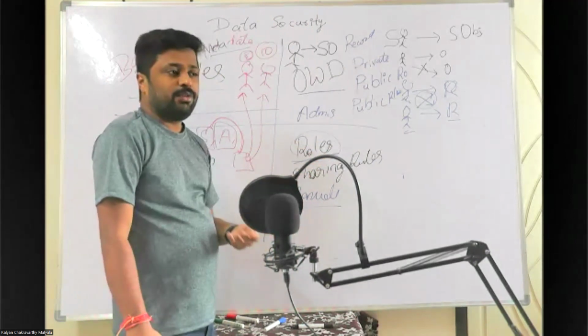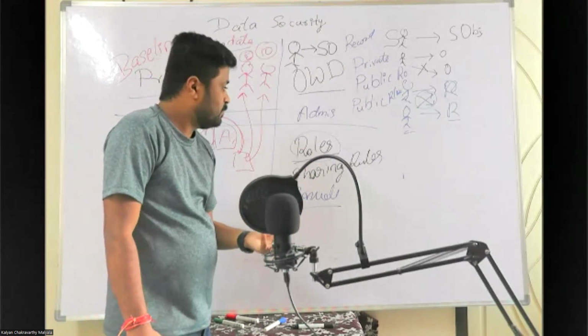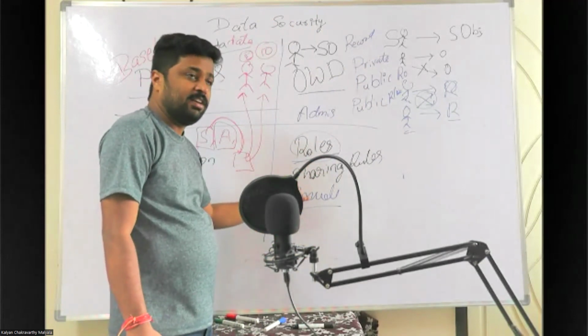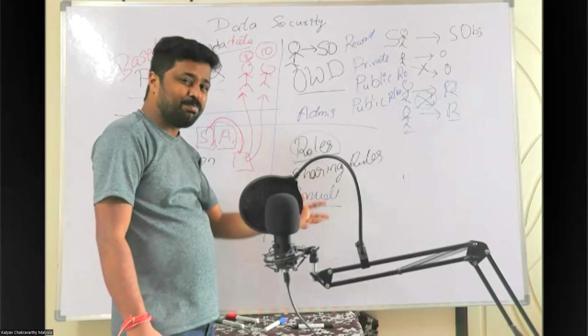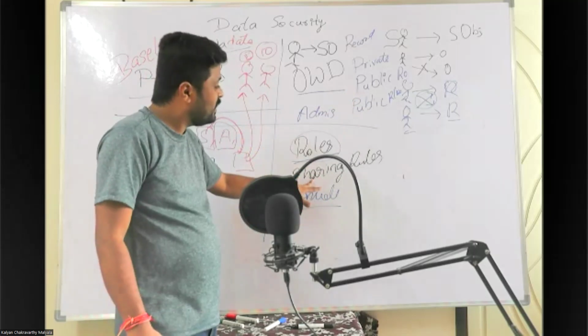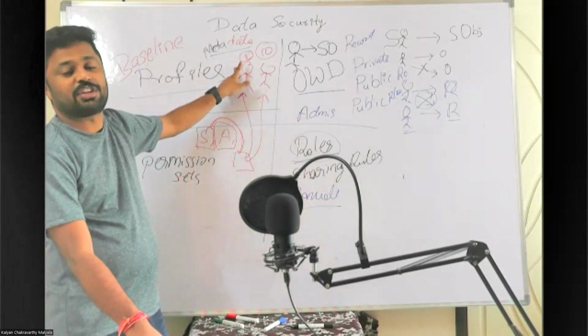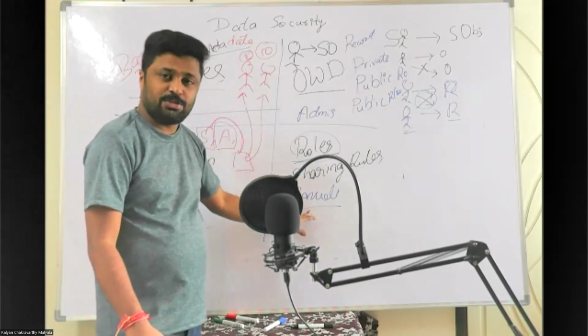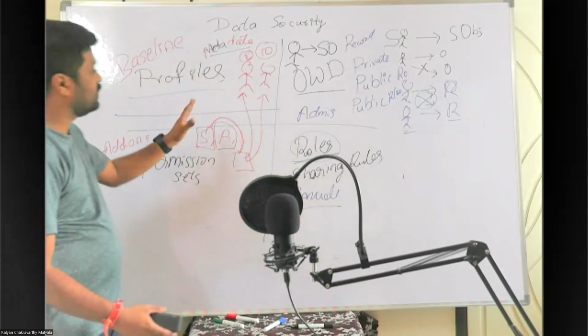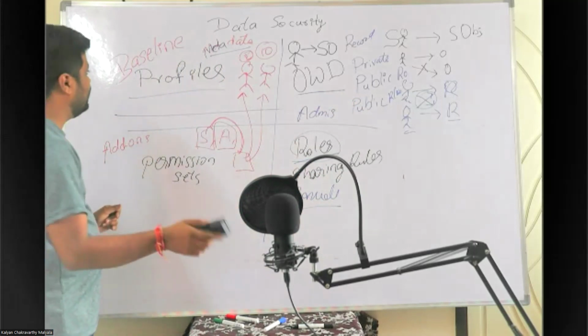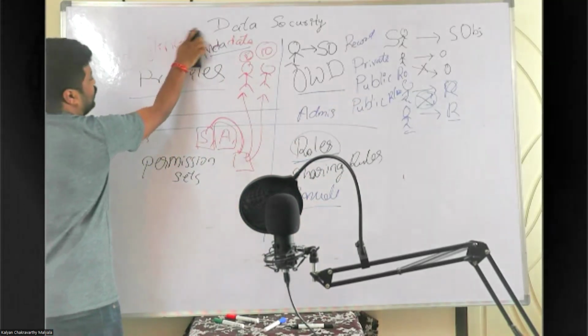Then, if you want to give add-ons, you can apply more sharing rules. So even if it's private, on the basis of a particular condition, that record can be accessed by a particular user. The same applies to manual sharing. These are the things you have to keep in mind while dealing with data security questions.